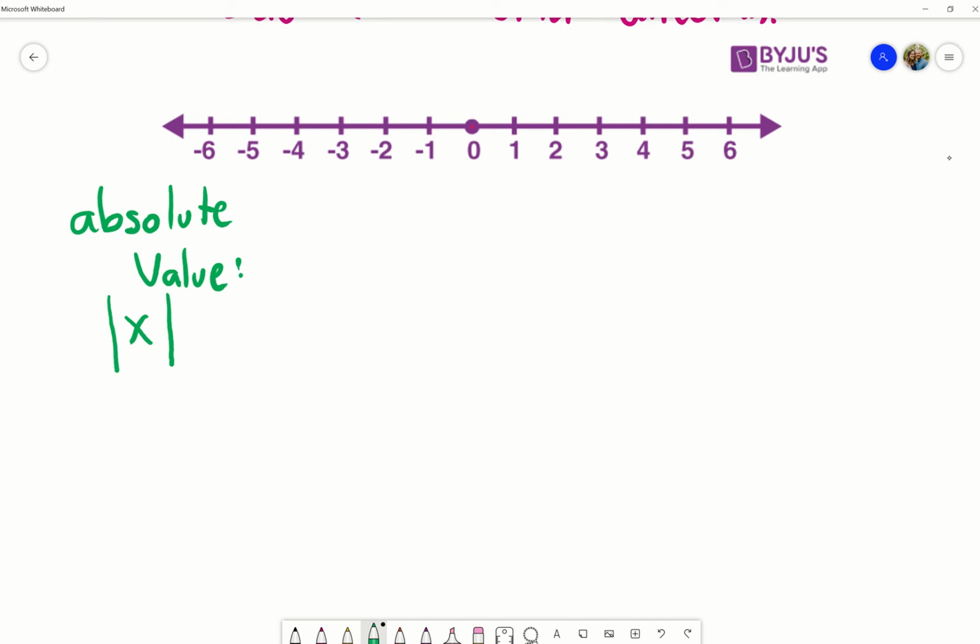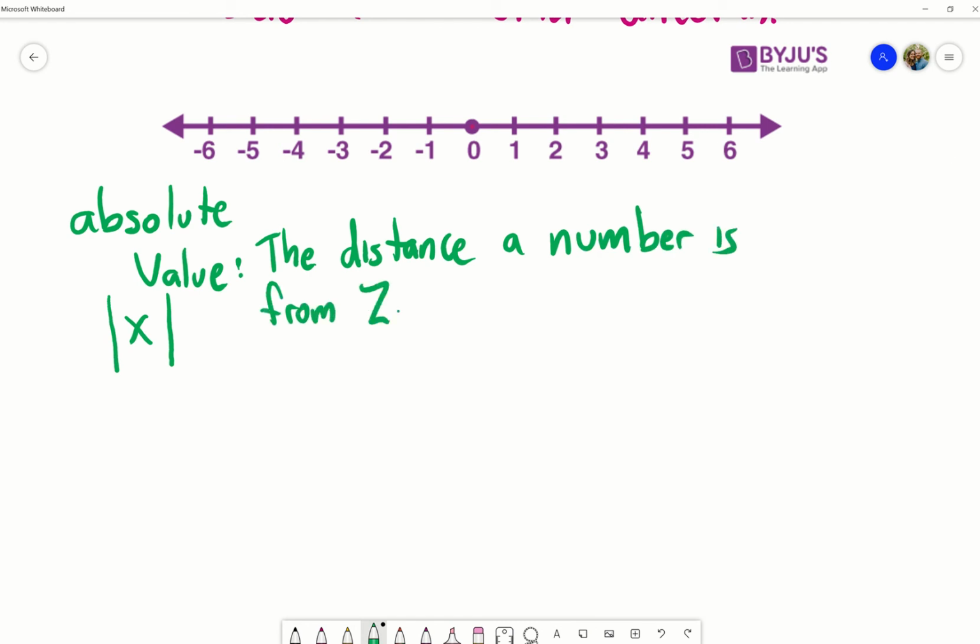An absolute value tells us the distance a number is from 0.